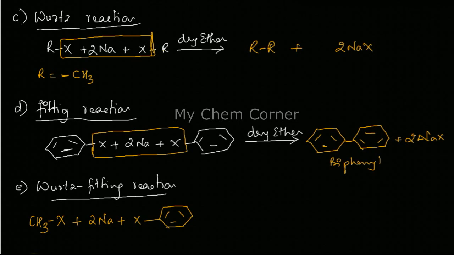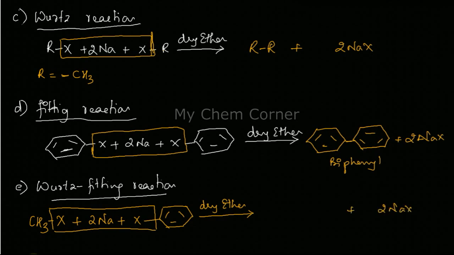The second molecule, which has the benzene ring, follows the Fittig reaction. In the presence of dry ether, the concept is the same. Halogen atoms will form bonds with sodium, and you get 2NaX, and the benzene ring will directly bond with that CH3. A very common simple reaction you can do is the formation of toluene.